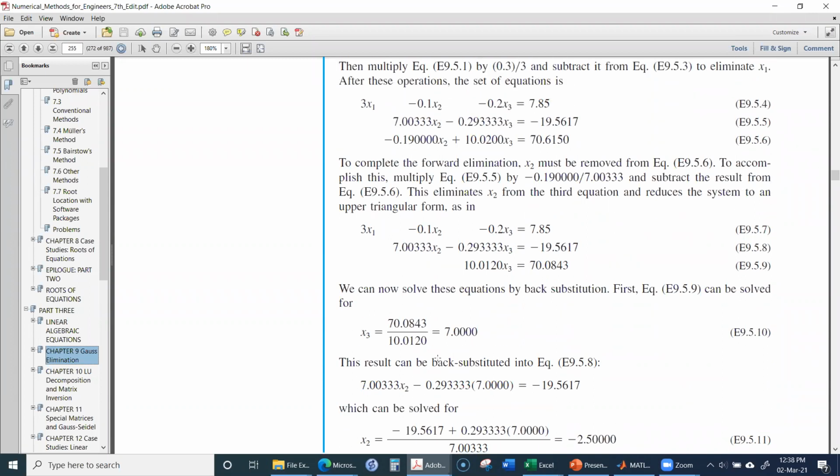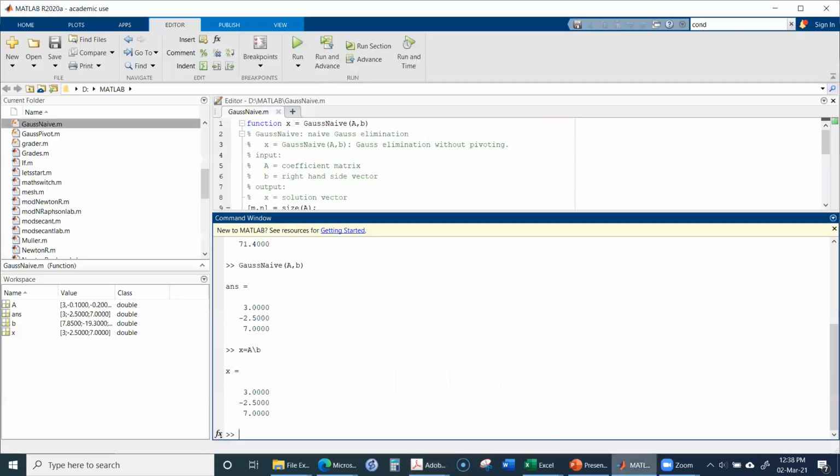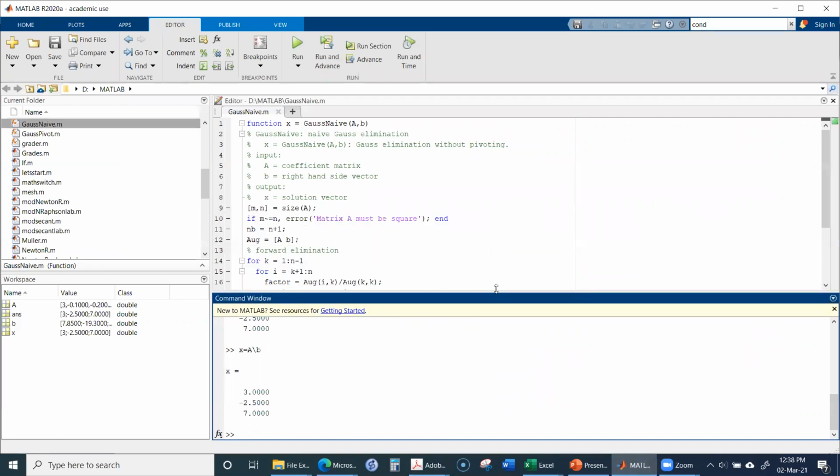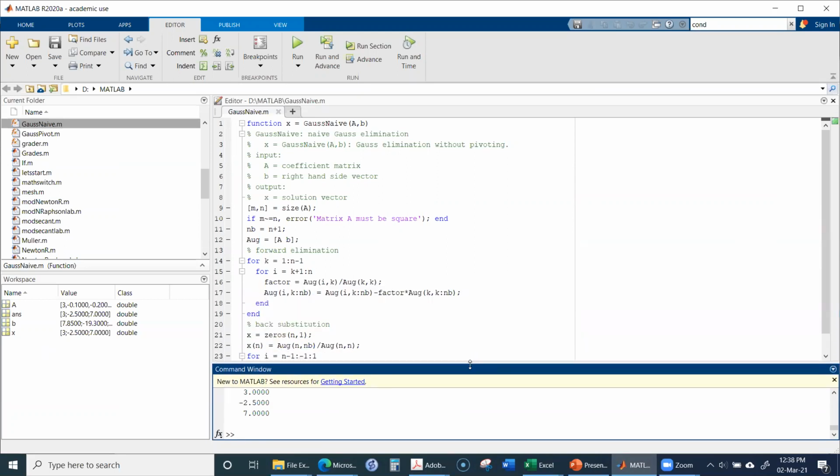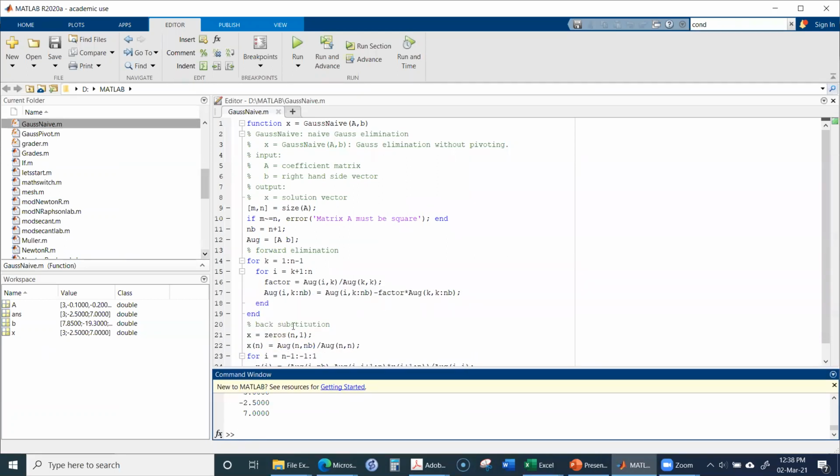So we need to show each preliminary step of the forward elimination. I will give you an assignment in which you will be asked to modify this script to show the intermediate values.